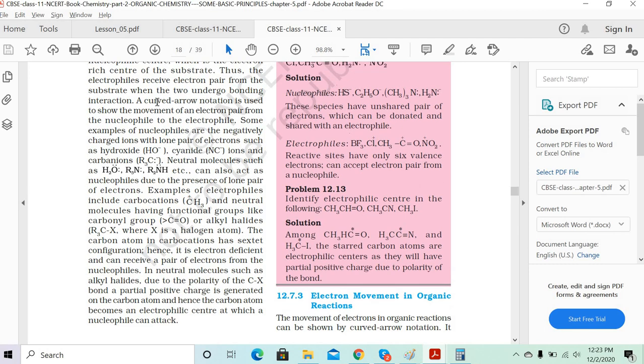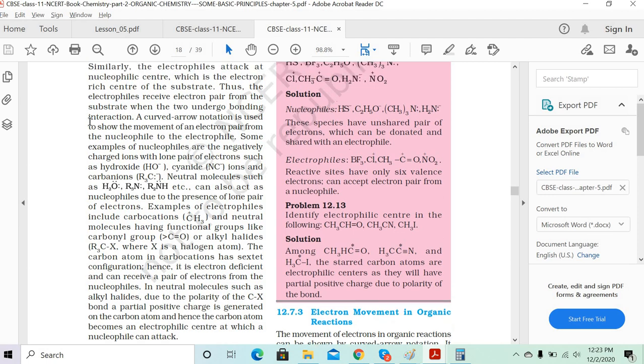You just need to write that the curved arrow notation is used to show the movement of an electron pair from the nucleophile to the electrophile. Some examples of nucleophiles are negatively charged ions with a lone pair of electrons, such as the hydroxide ion. So basically I just want you to write down examples of nucleophiles. One is OH ions, cyanide ions, and you have carbanion ions.